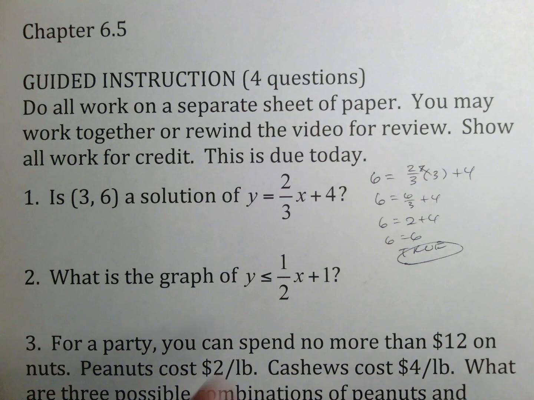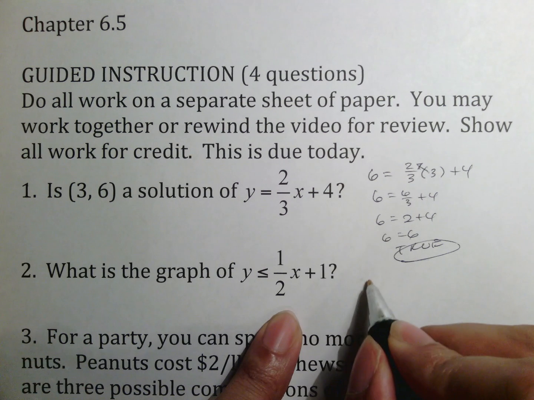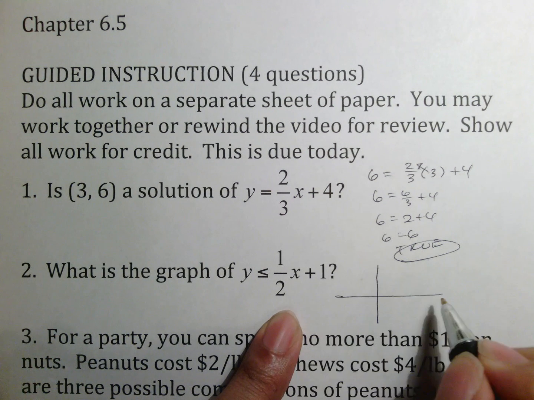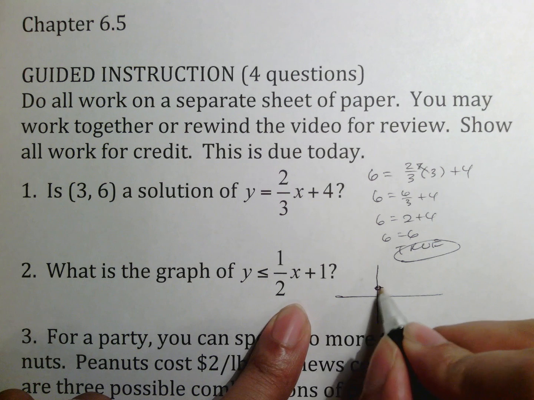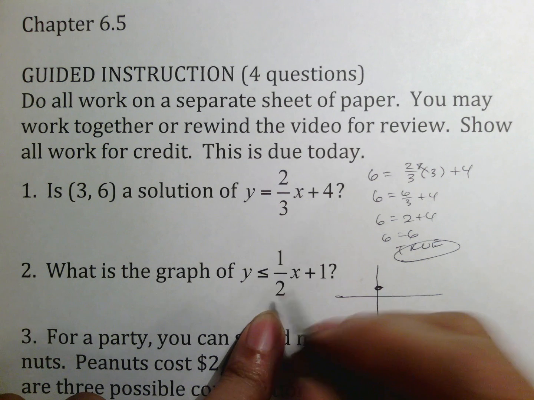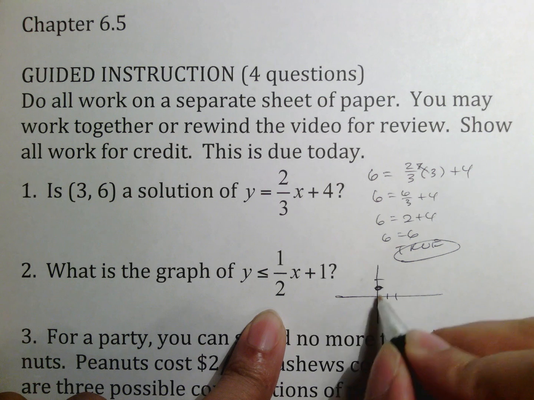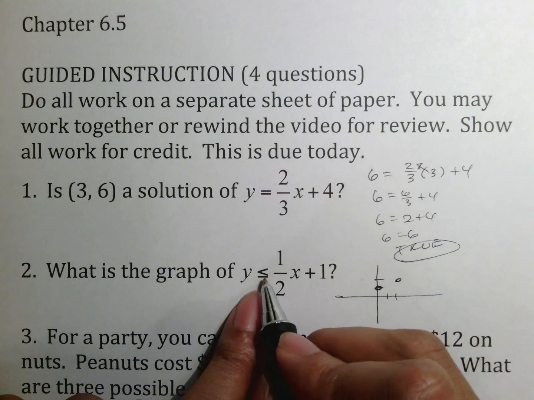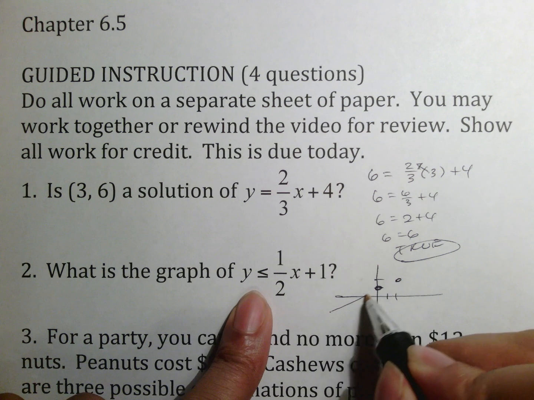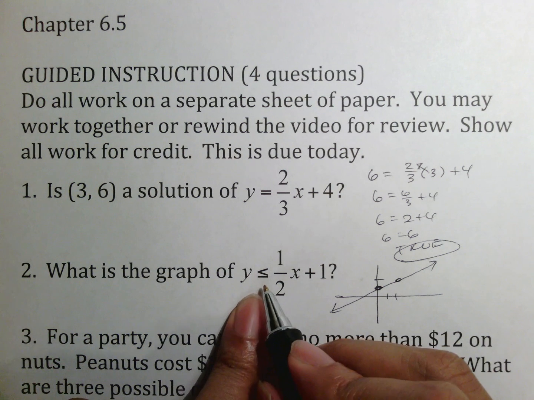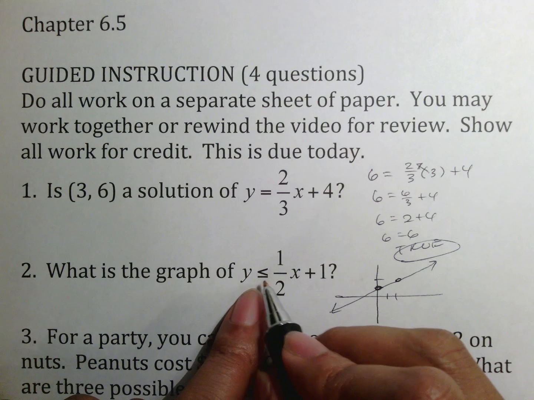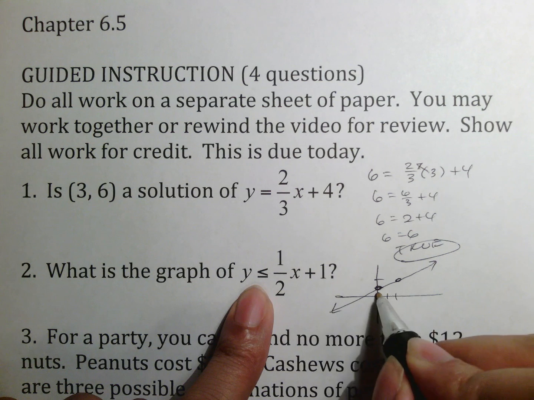In terms of the graph for y is less than or equal to 1/2 x plus 1, the first thing you should have done was go up 1 and put a dot. The second thing, because this is the slope, was go up 1 over 2 and put a second dot. Because there is a line under this, and I'm going to do this without a ruler, that line should have been solid. And then, from what we learned in this lesson, you're supposed to test (0, 0).